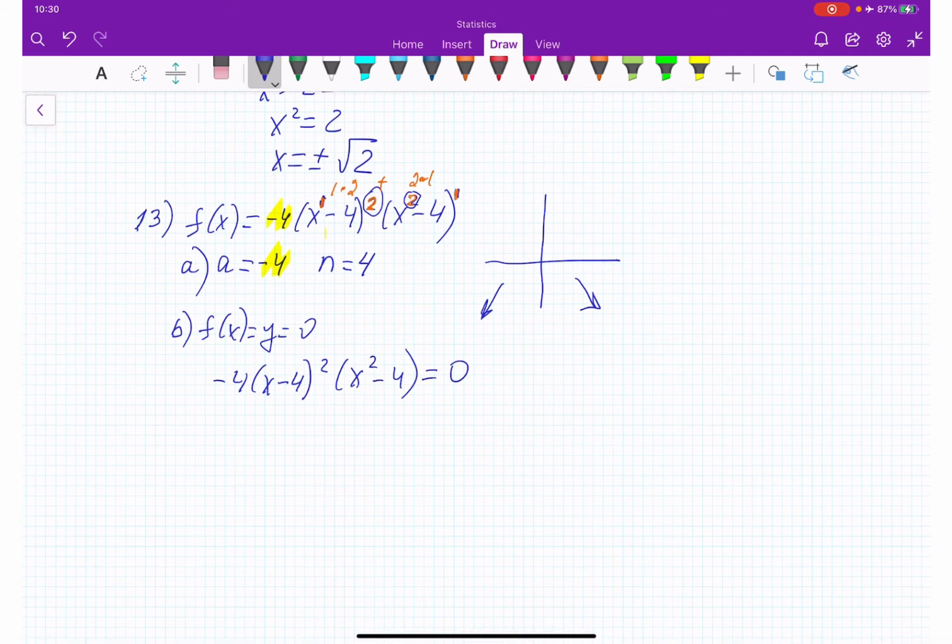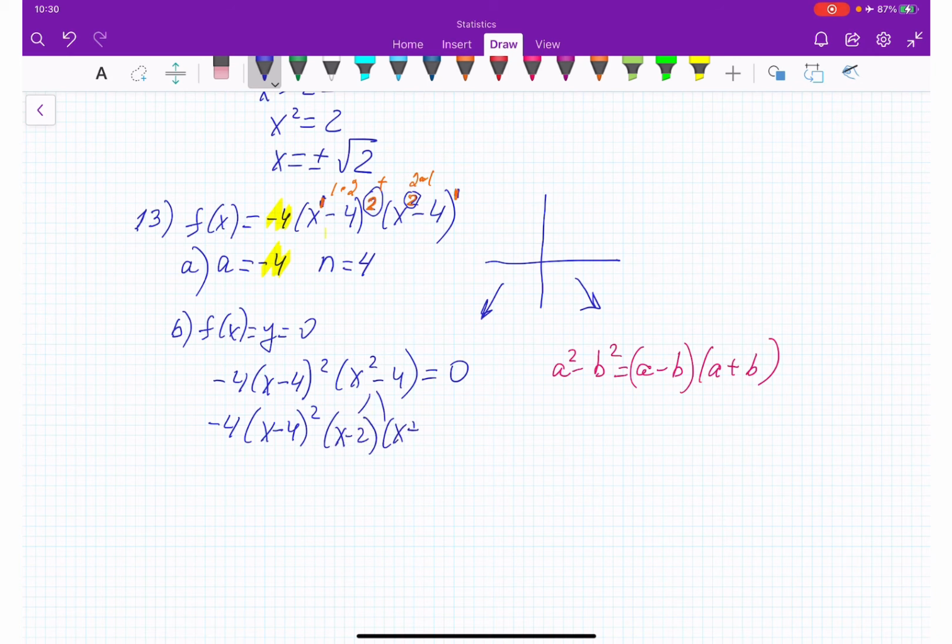So to simplify, -4 times x minus 4 squared, here x squared minus 4, it's a difference of squares. Remember, that's a squared minus b squared, which is equal a minus b, a plus b, which means this one is going to be here x minus 2 times x plus 2 is equal 0.